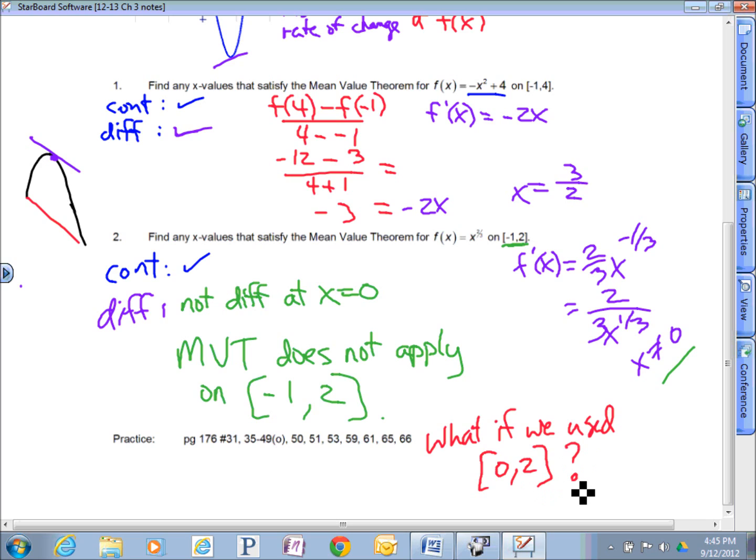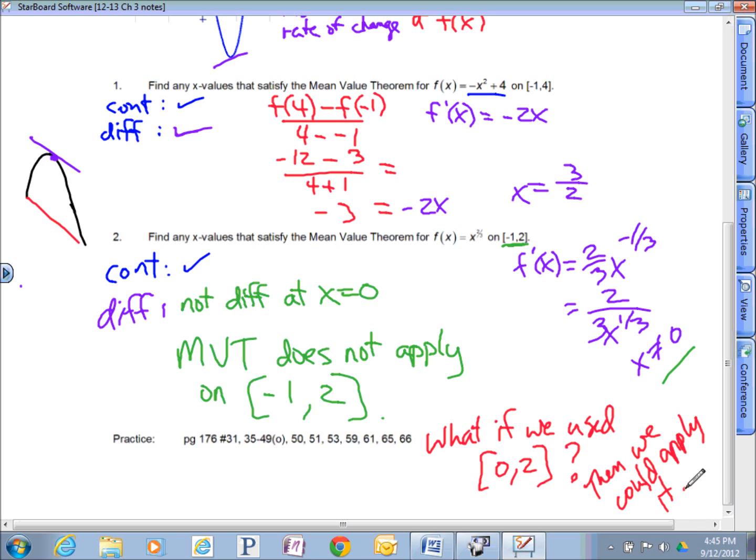Well, then mean value theorem would be okay. It would not be differentiable at x equals 0, but that's all right. It's got to be differentiable at all the places in between the endpoints. Then we could apply it.